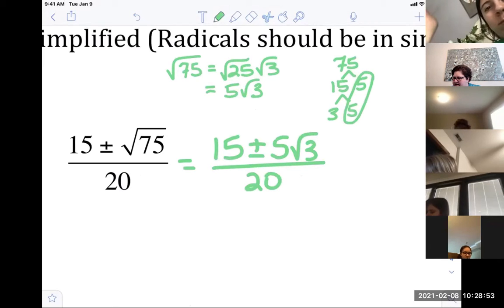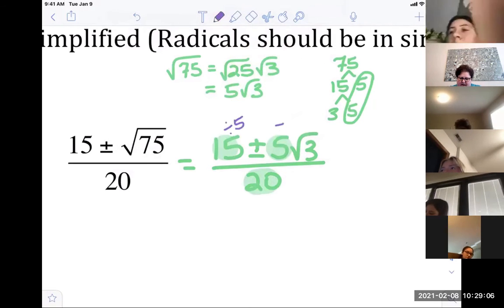Jack, what do you think we should do next? Divide 15, 5, and 20 by 5. Okay, now we can take out a GCF, right? So let's go ahead and divide those by the GCF, which is 5.